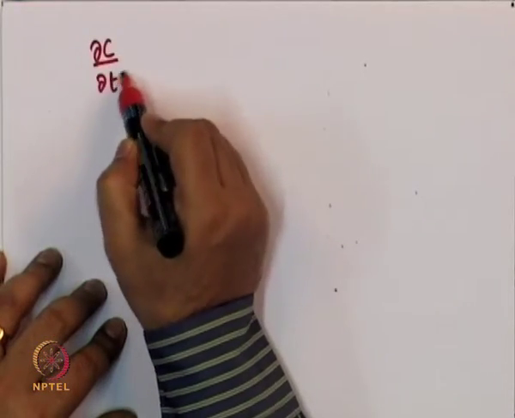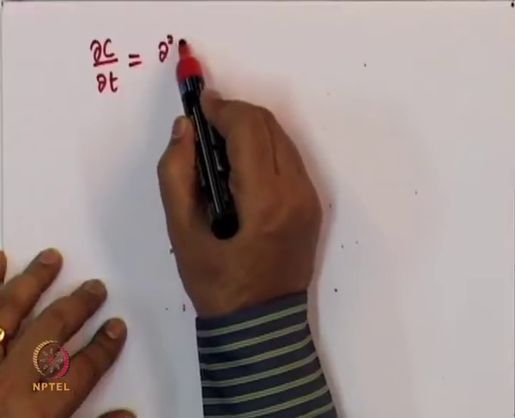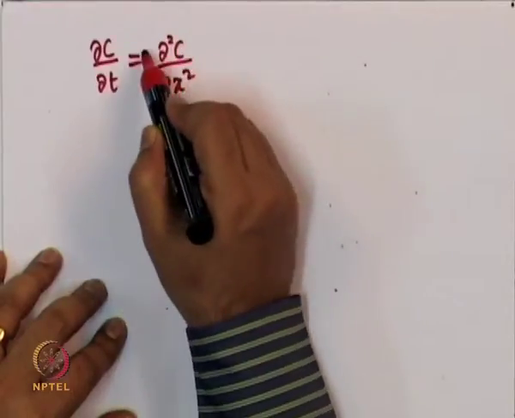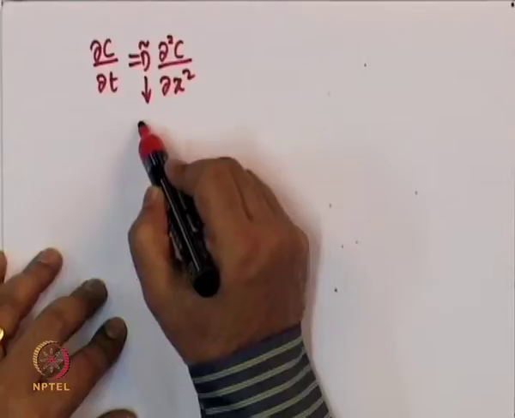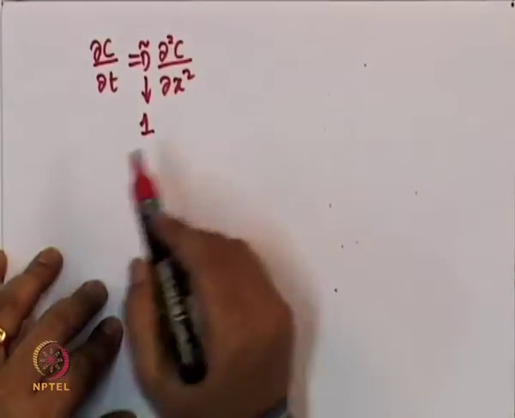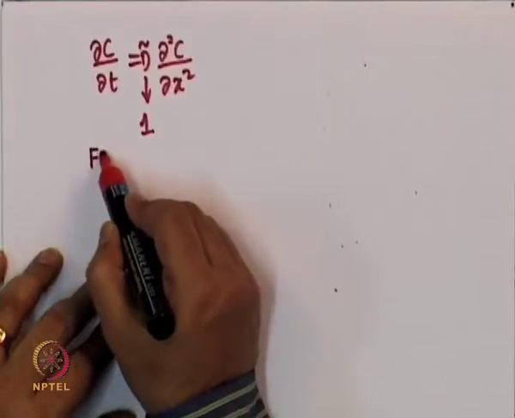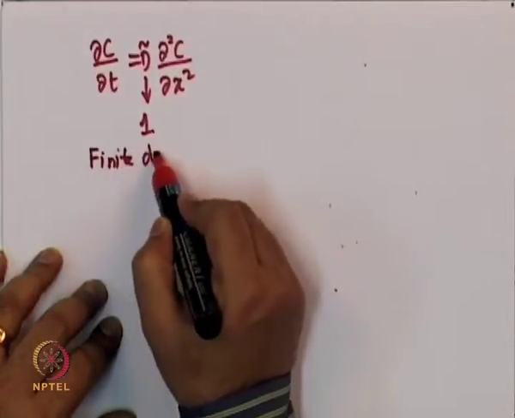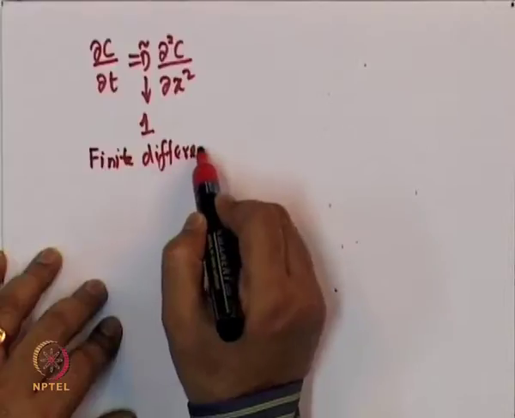So, we have the equation ∂c/∂t is equal to D tilde ∂²c/∂x², where I am always going to assume D tilde to be 1, because t, x, everything is non-dimensional. I am going to do a finite difference scheme.